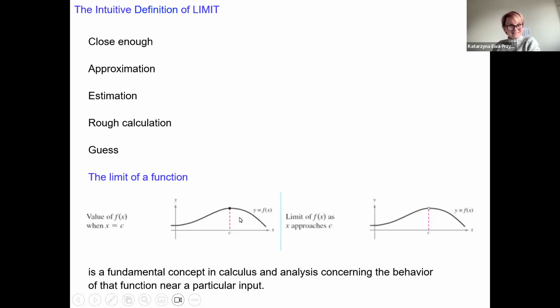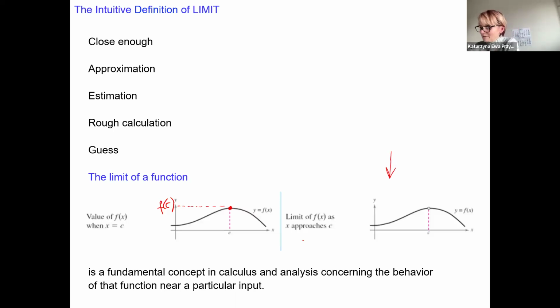We remember this picture from yesterday. If we would like to find the value of the function, it's not a problem. We have a point C, x equals C. I can just find the height. If C is in the domain of the function, then we have no problem locating that height, which is basically the value of the function at C. But now let's look at this side.